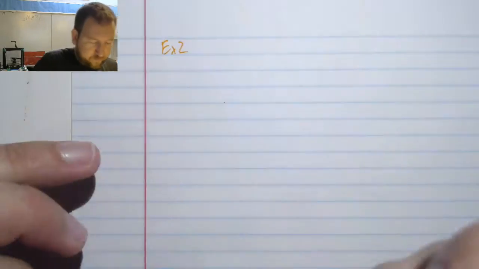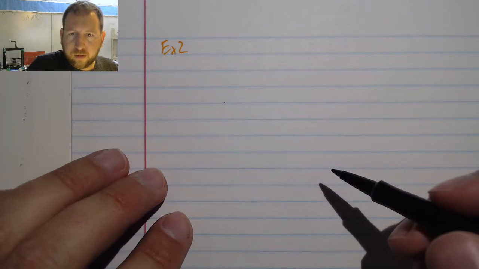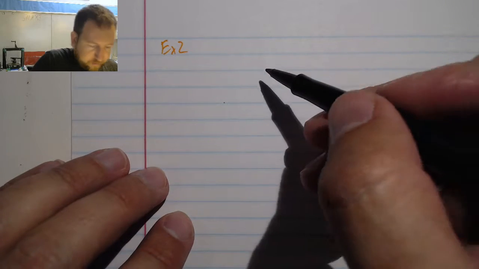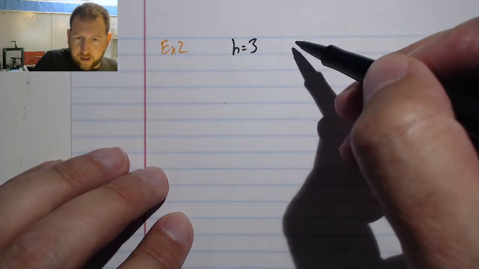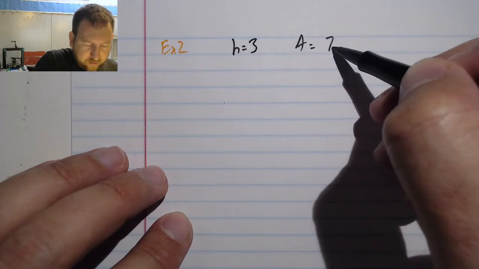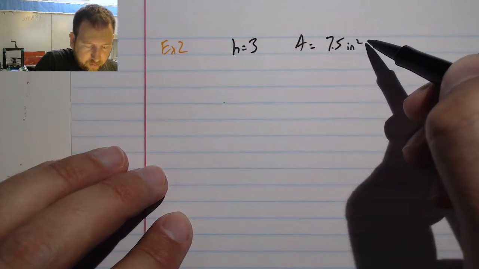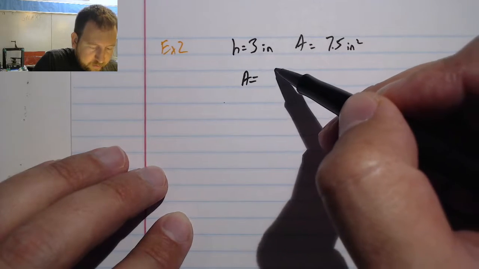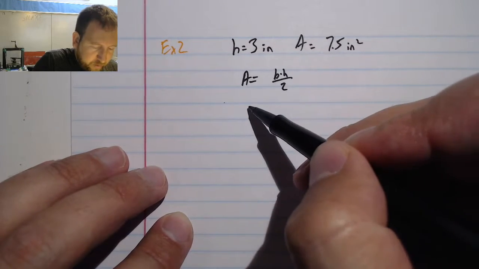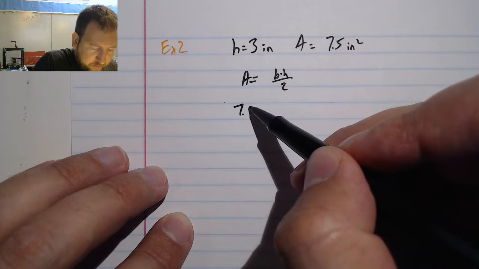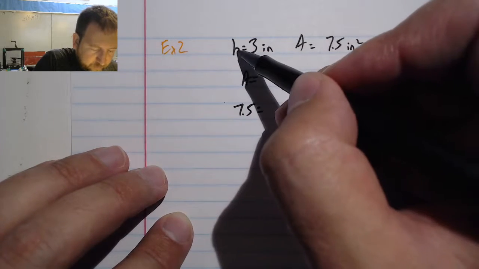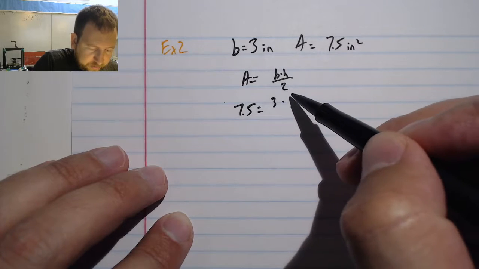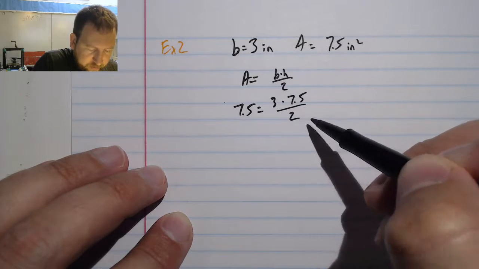In this case, we have height is 3, and area is 7.5 square inches. Area equals base times height over 2. Let's plug it in. 7.5 equals, that's supposed to be a b, 3 times h over 2.